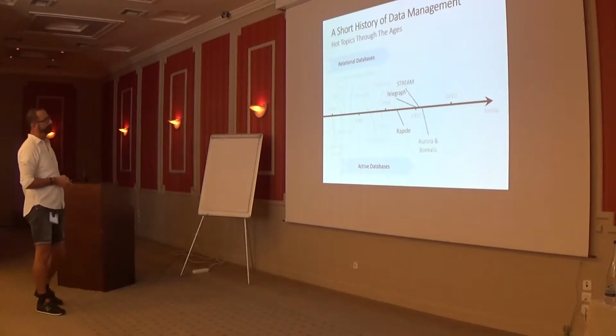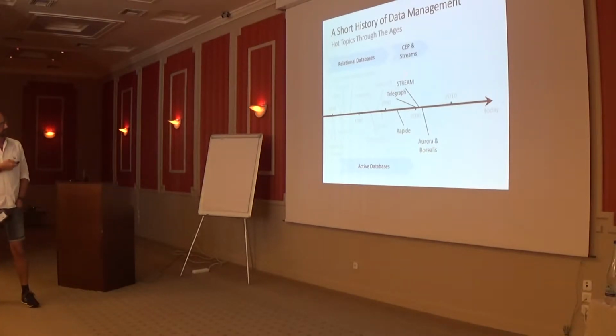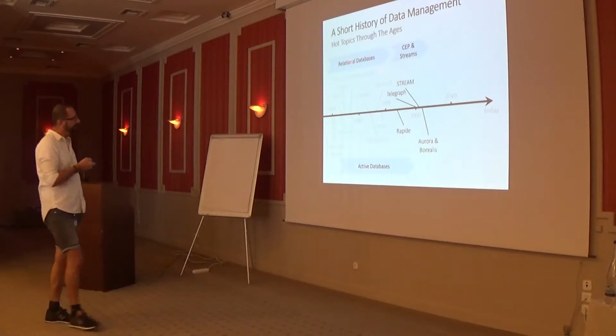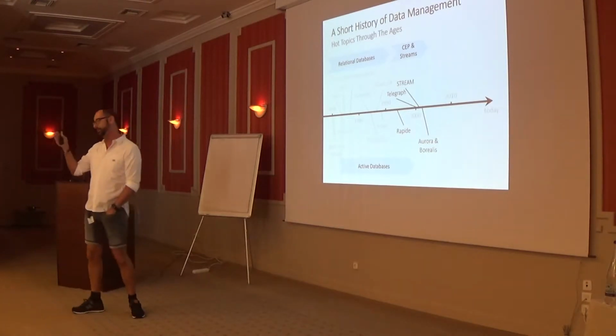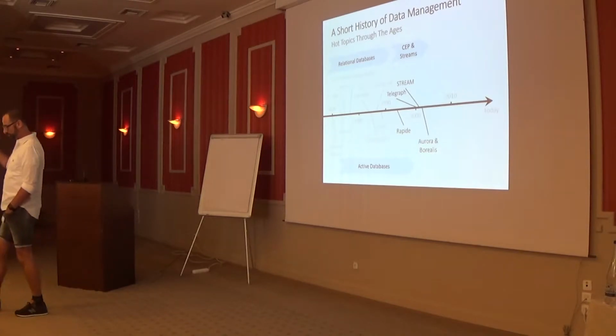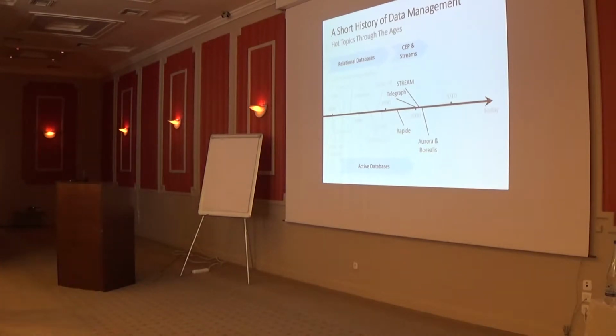Afterwards, we had these complex event processing systems and data stream management systems. They were closely related to database management because although they were able to process streams, they had some underlying notions of structured objects, of schema, of relations between objects and complex events.